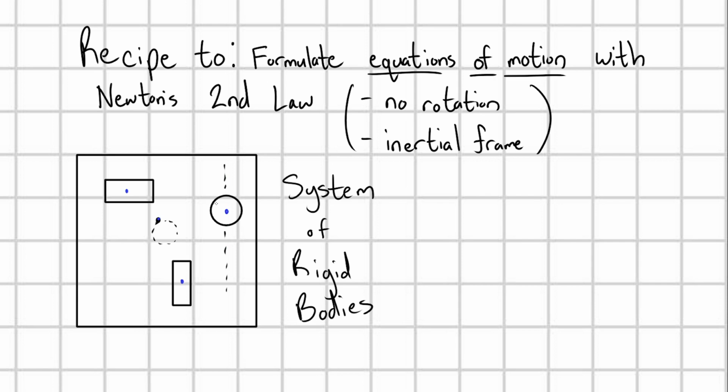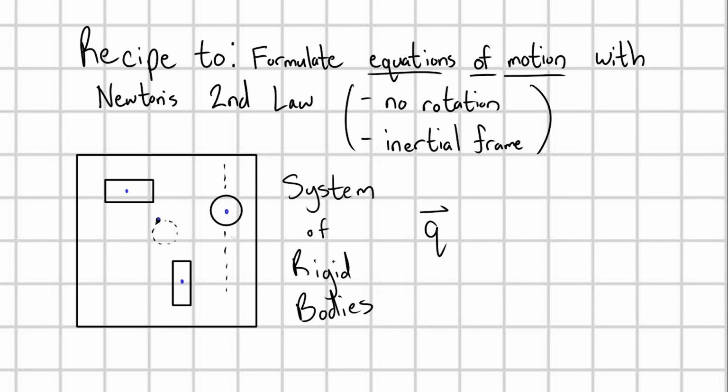Maybe there are constraints that are restricting the motion of some of our rigid bodies. And if this is a dynamics problem and all of these rigid bodies are moving around, I need to define a set of coordinates Q, okay, in order to describe the location of all of these rigid bodies.